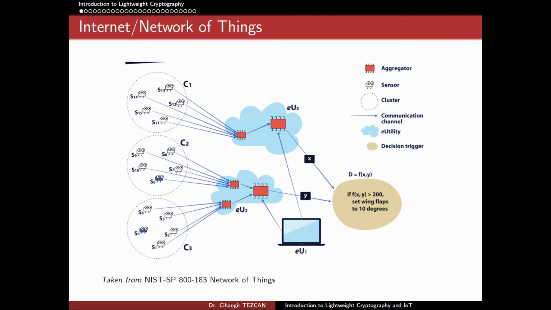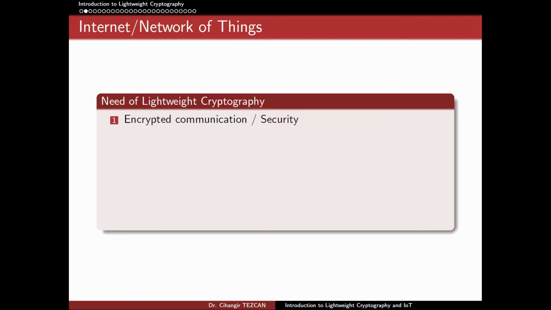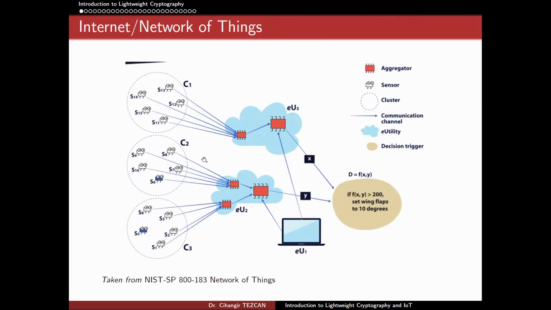So let's keep this picture in mind, and I would suggest you read this special publication, A Network of Things, to get a better idea about things. So even by keeping this picture in mind, let's talk about why we need lightweight cryptography. The main reason is encrypted communication. So we need it for security. As I told you before, we want the communication between all of these devices to be encrypted. Otherwise, we cannot talk about security here.